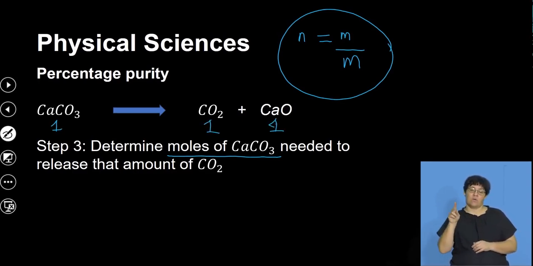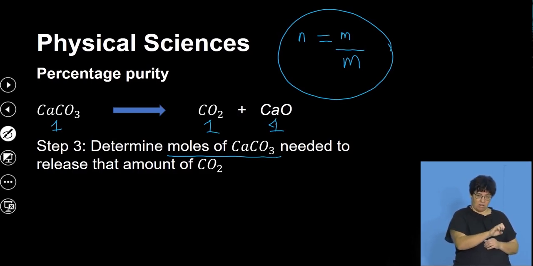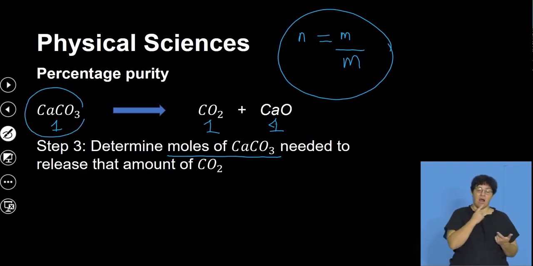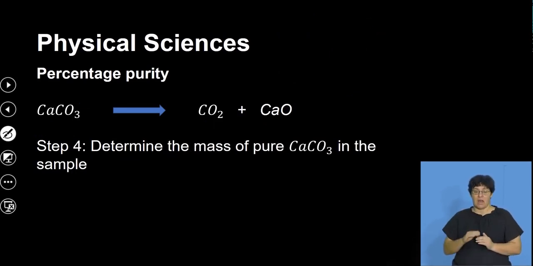So we ask ourselves, a mole of calcium carbonate produces how many moles of carbon dioxide. Given the moles of carbon dioxide, we can work backwards and determine how many moles of calcium carbonate were responsible for producing that amount of carbon dioxide. After that, we can determine the mass of pure calcium carbonate in the sample.